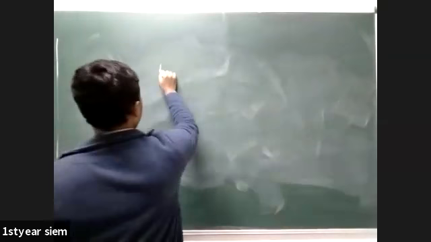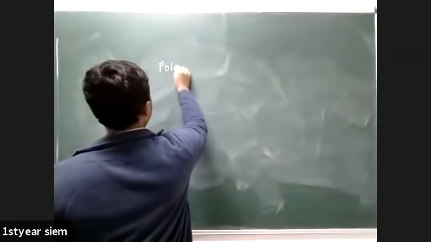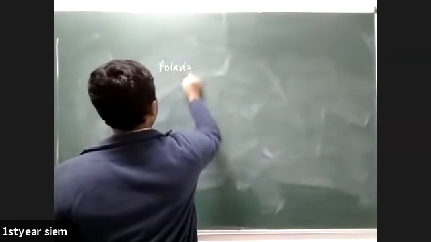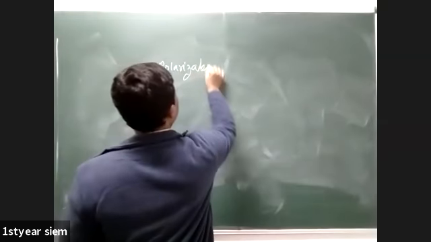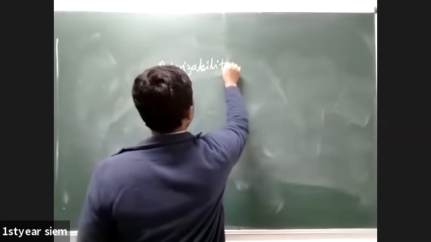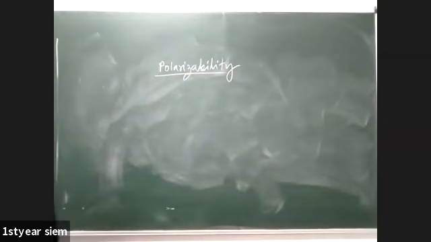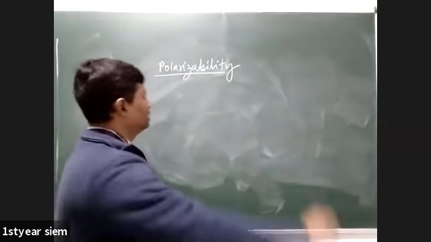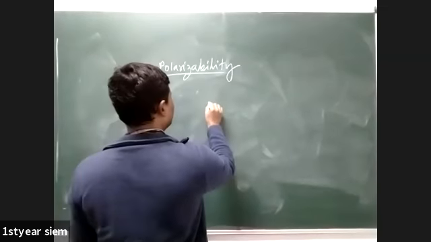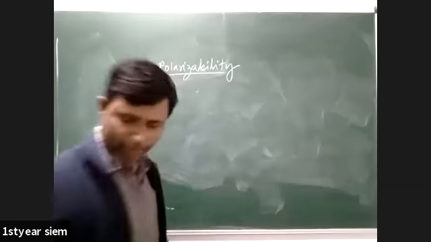Now polarizability. Suppose there is a big atom like iodine, a bigger atom.